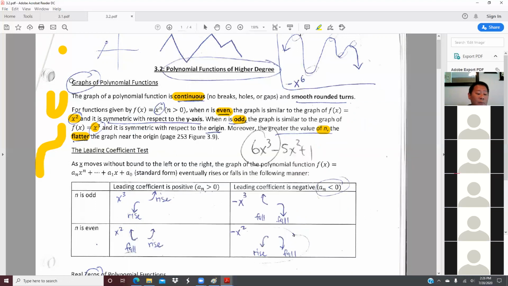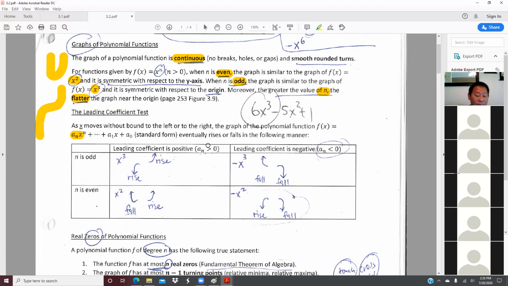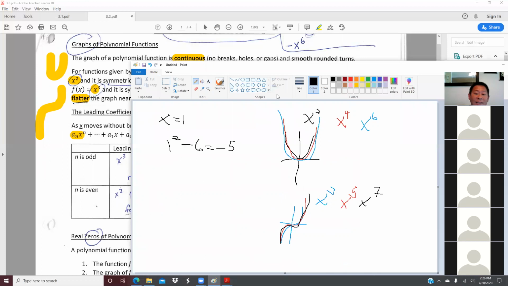And then the next thing I want to point out to you here is the leading coefficient test. This leading coefficient test depends on two things: your leading coefficient and your x to the n. Okay, so if your leading coefficient is positive and your power is odd, then you get something like what we have here. So what is the leading coefficient test telling us?